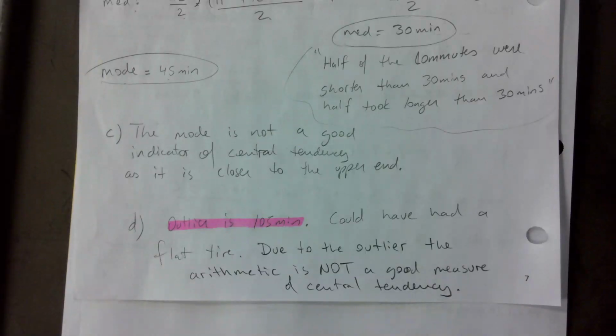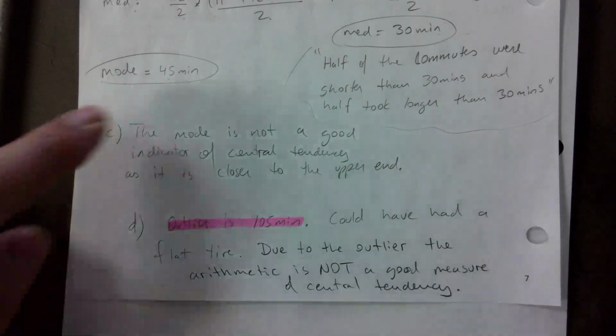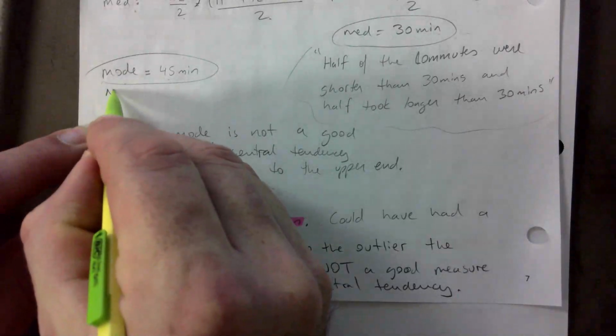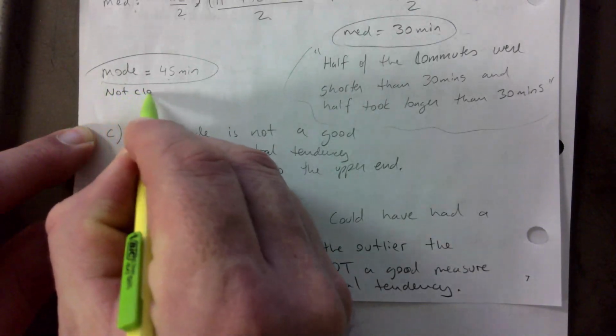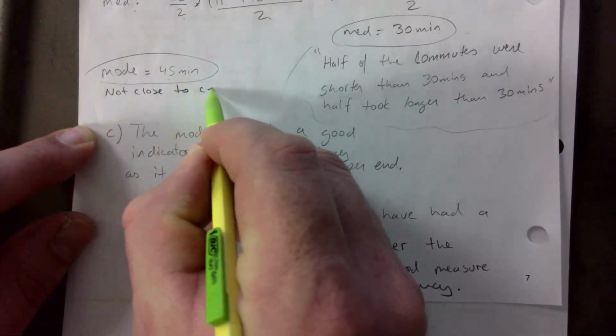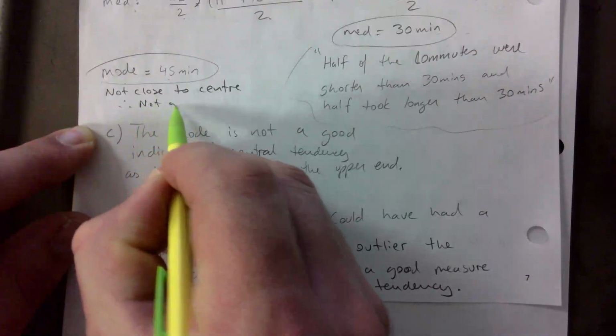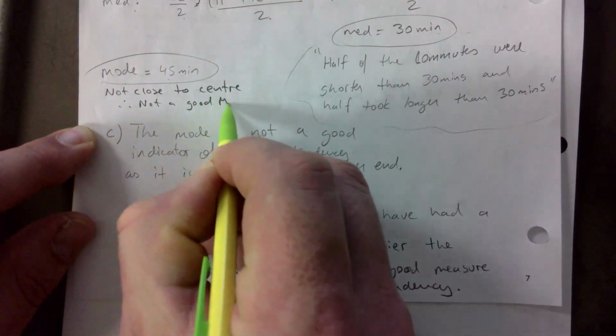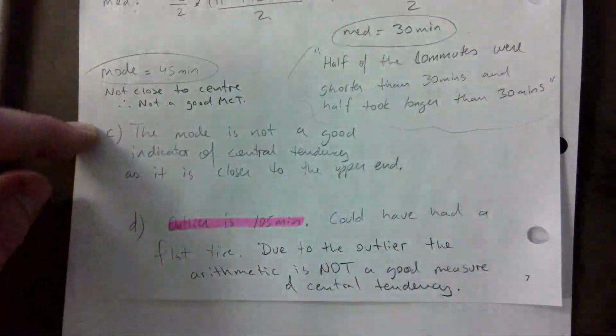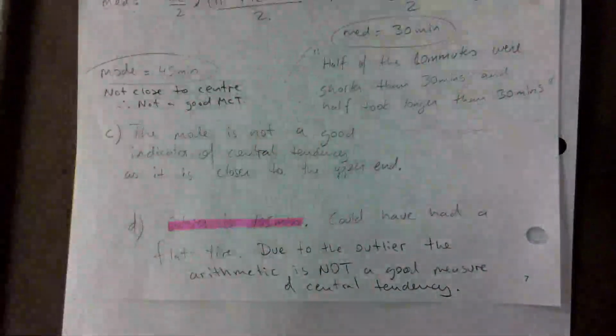So maybe I'll add that next to mode. If you're writing this down, I'm going to block you for a little bit. I'm just going to say not close to center. Therefore, not a good MCT. I'm just going to go MCT in this case, measure of central tendency. And I'm going to highlight what I just added here.